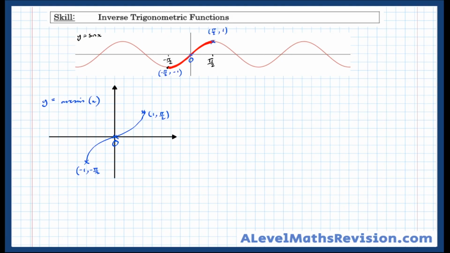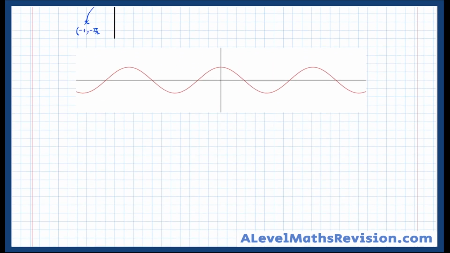So let's try now y equals arc cos x as well. Looking at the graph of y equals cos x, first of all, again, the graph is infinite. So what we typically do for cos x, the accepted convention, is to take the domain to be from 0 to pi for cos x, to make it a one-to-one function, therefore ensuring that it has an inverse.